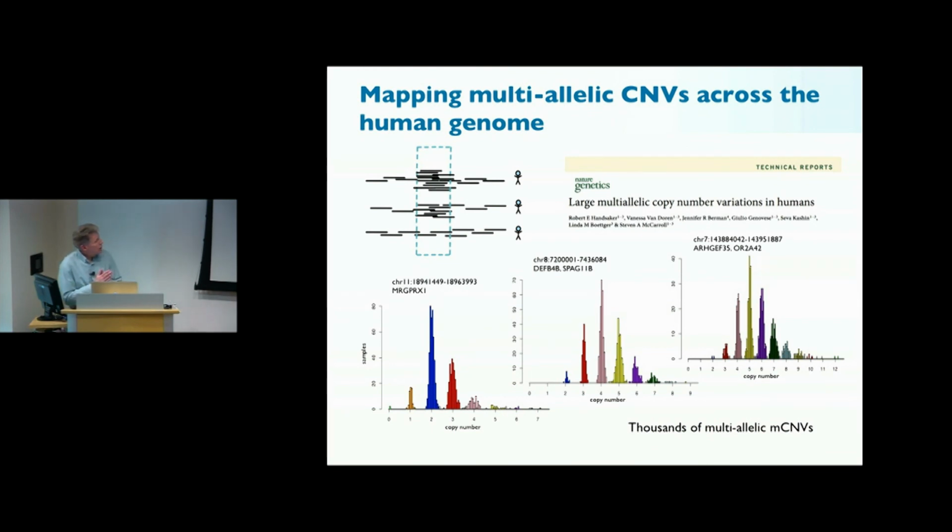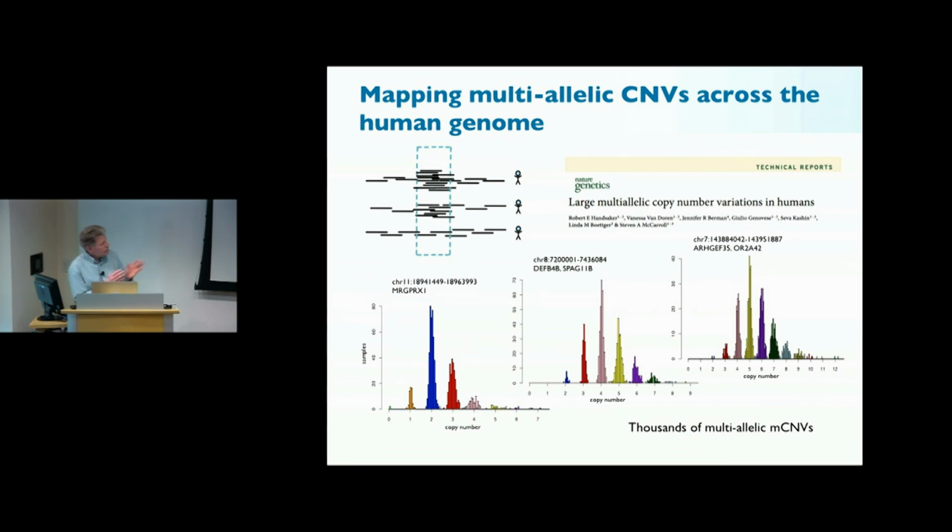So we did some work on this using data from the 1,000 Genomes Project, trying to do a very thorough ascertainment of this kind of copy number variation across the whole genome using 1,000 people from the 1,000 Genomes Project. We focused on these regions of multi-allelic copy number variation.